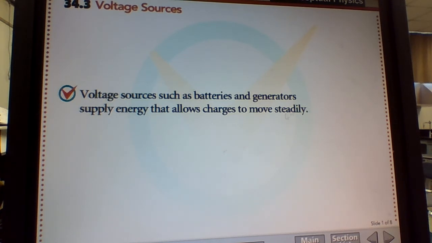But these typical voltage sources, batteries and generators, are what we would want handy if we were to do a lab, in order to get these electrons flowing into a circuit.